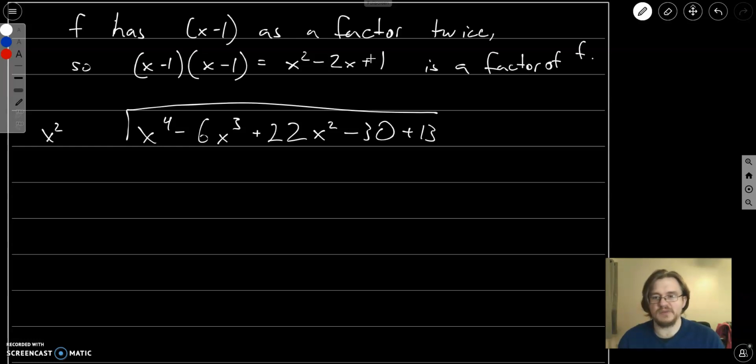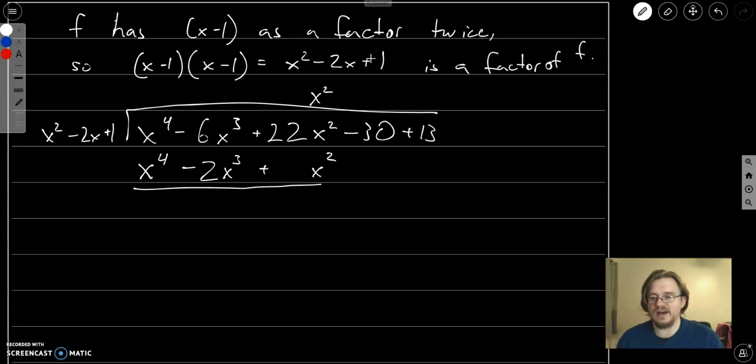And we're going to divide this by x squared minus 2x plus 1, which is the same thing as x minus 1 times x minus 1. So as we divide this, x squared will go into x to the fourth, x squared times. So I will multiply each term here. So x squared times x squared is x to the fourth. X squared times minus 2x will be minus 2x to the third power. X squared times plus 1 will just be x squared.